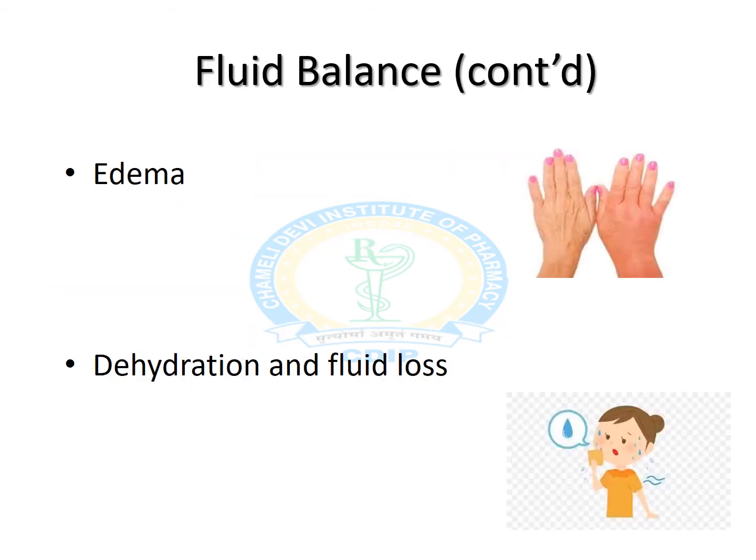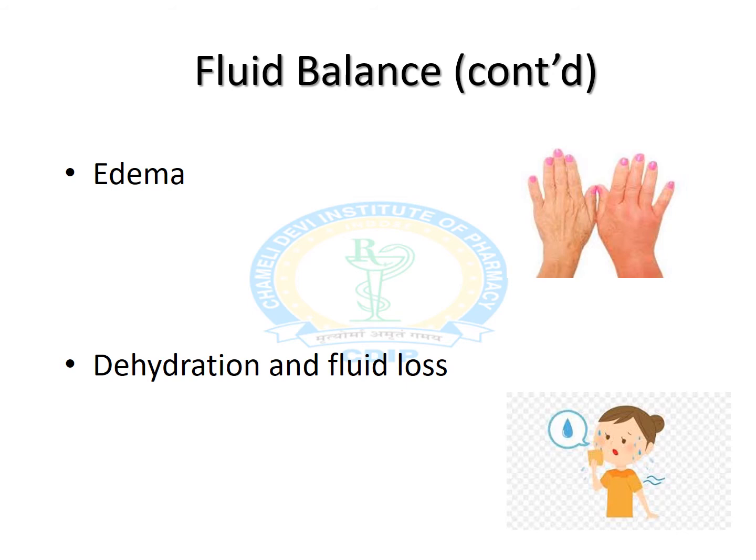Fluid balance is maintained by the body, with disturbances appearing in the form of either edema or dehydration or fluid loss. When the body has excess fluid, edematous conditions appear. The body starts retaining fluid, and when it gets much more, the body's feedback mechanism gets on, and dehydration or fluid loss in the form of sweat exits the extra fluid.